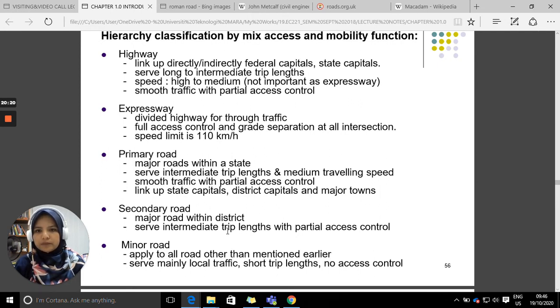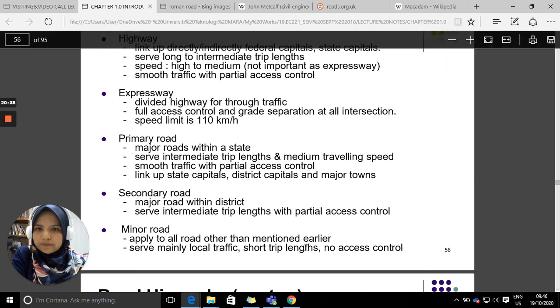Right. Secondary road, a major road within the district, serves intermediate trip lengths. Right. And minor road applies to all roads other than those mentioned earlier. It serves mainly local traffic, short trip length, no access control.